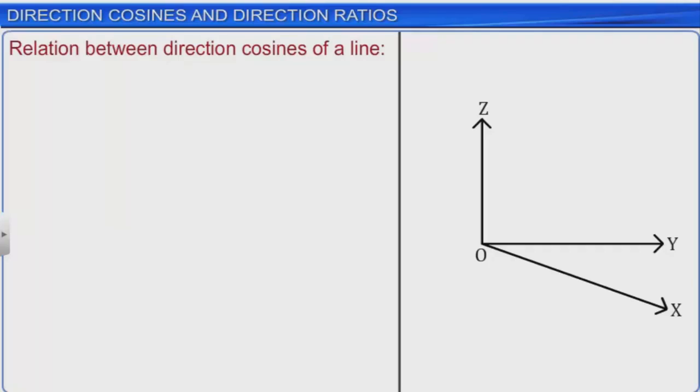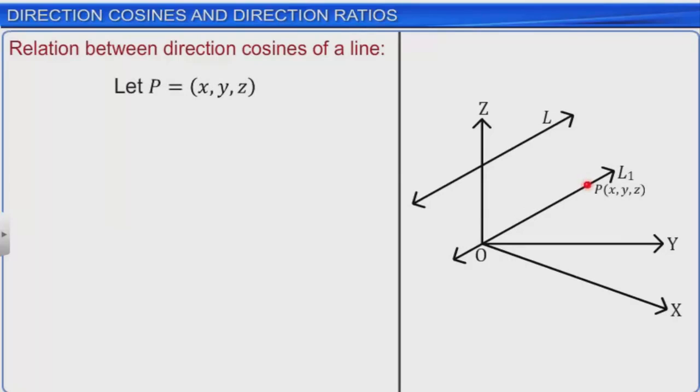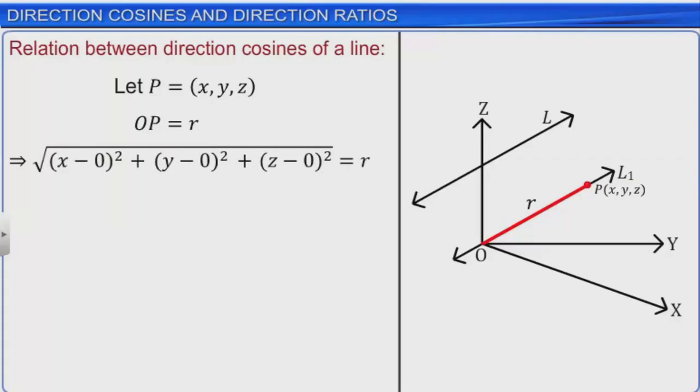Consider a line L in space. Draw a line L1 parallel to line L and passing through the origin. Consider a point P with the coordinates x, y, and z on line L1 such that its distance from origin O is r. This gives the relation x square plus y square plus z square is equal to r square.